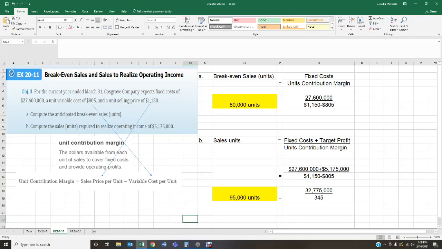If you want to generate 6 million of income, this is how many we want to sell. If you want to generate 3 million of income, this is what we can sell. So it's great for all those if statements or requirements, because sometimes management just has ideas and wants to see what these numbers look like. That is basically it for exercise 2011.